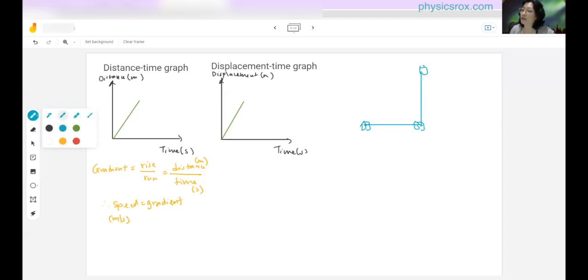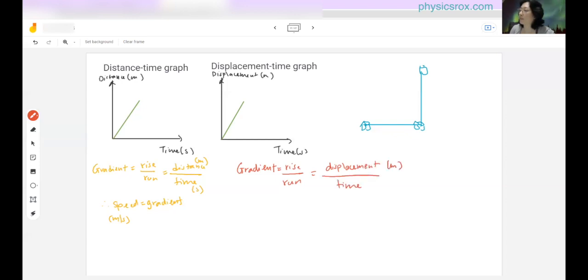Now, because in a distance-time graph the speed is the gradient, then if you calculate the gradient for a displacement-time graph, which is also rise over run, the rise this time is displacement and the run is time. Also meters per second. But meters per second this time is not speed. Why? Because it's displacement.